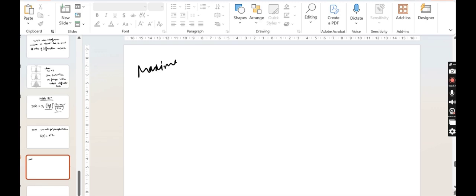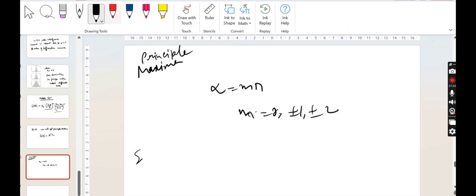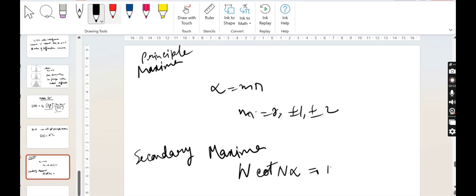So for maximum, we get alpha is equal to n pi, n is equal to 0, plus minus 1, plus minus 2, and so forth. This is the principal maximum. So secondary maximums we will get, n alpha is equal to what?